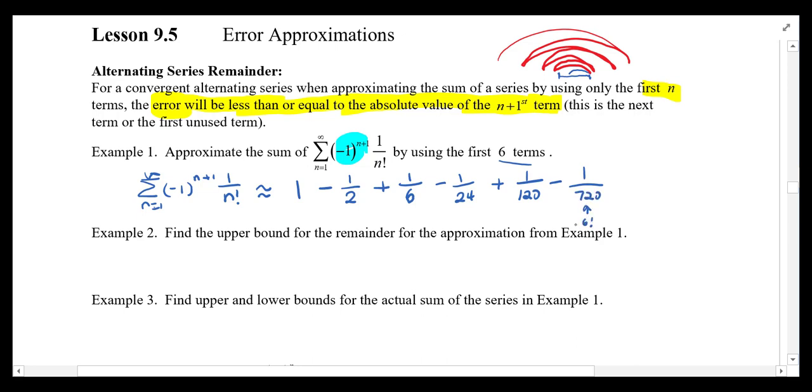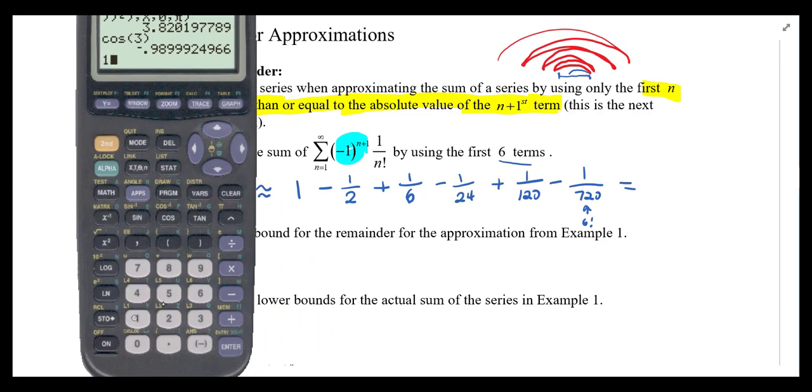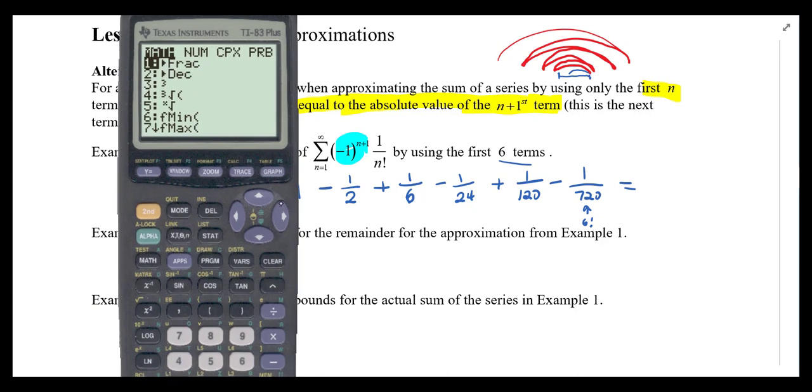If I asked you to approximate what this is, I would just ask you to use your calculator: 1 take away a half plus a sixth minus 1 over 24 plus 1 over 120. And if you want to use the factorial notation, I can go 1 divided by, then use the math button, go over to probability, PRB, and choose number 4.